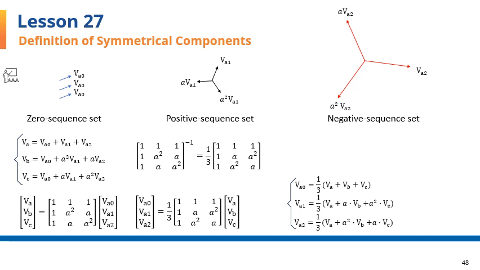So you can see that if we have VA, VB, VC, the three phasors that we start with, we can find VA0, VA1, and VA2 from them, because these are just complex numbers whose values we know. Plug everything in on the right hand side, and you find VA0, VA1, and VA2.